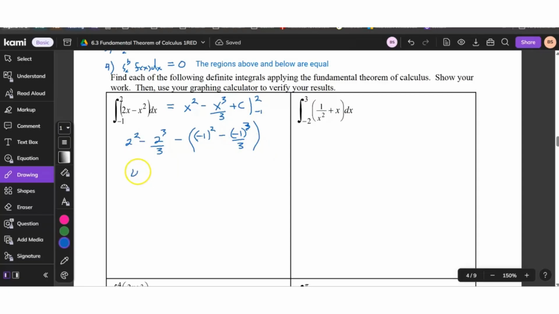So that's going to be 4 minus 8/3, minus (1 plus 1/3). All right, so that means that this is going to be, let's see, 12 over 3, so 4/3 minus 4/3. It equals 0. So the areas above and below are equal.